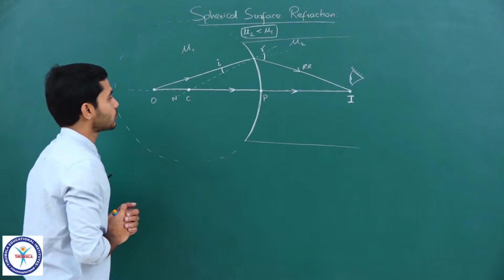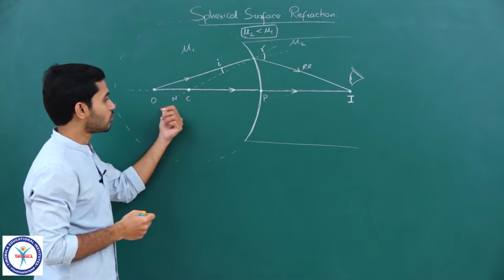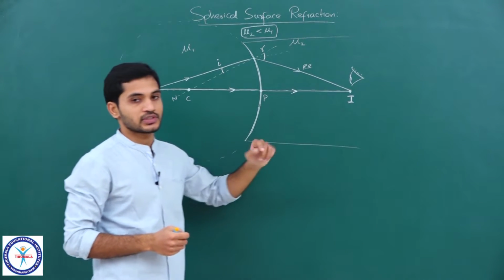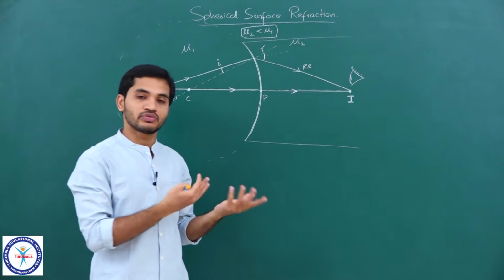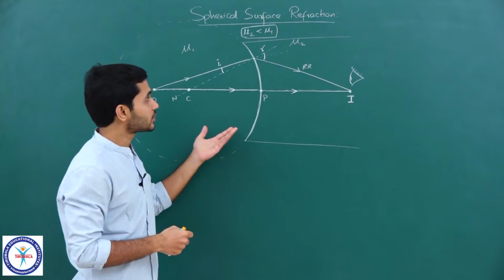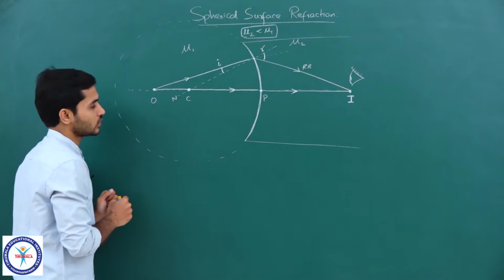Okay. So, let us derive a formula for the relation between object distance, which is this, and image distance, which is this. Just like we have the mirror formula, which we have derived earlier, and the plane surface refraction formula. So, this is the spherical surface refraction formula, clear. So, let us do the derivation.